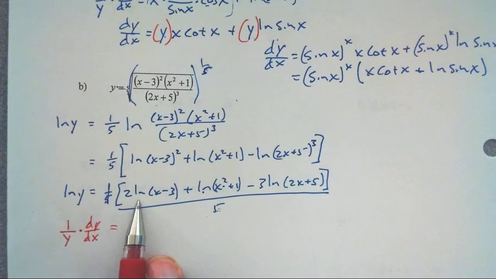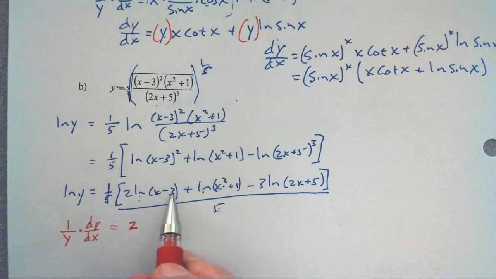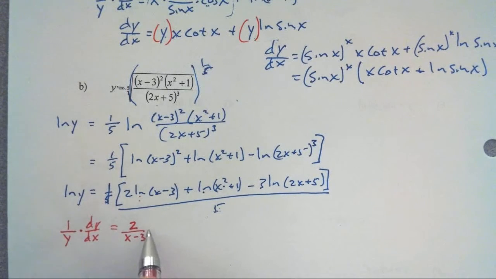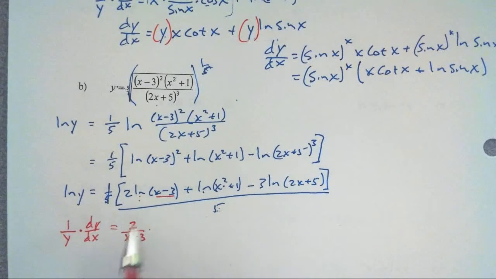So the derivative of this guy, the constant 2 survives. ln (x minus 3) wants to be 1 on (x minus 3), that's times the 2, times the inside derivative, but the inside derivative is 1. Oh, that's not too bad.